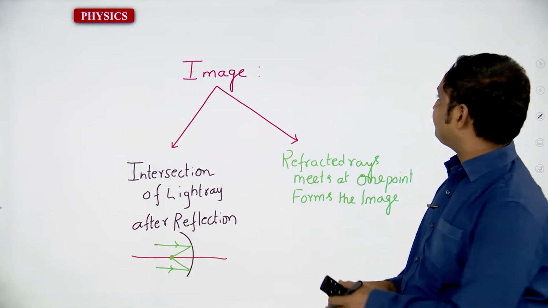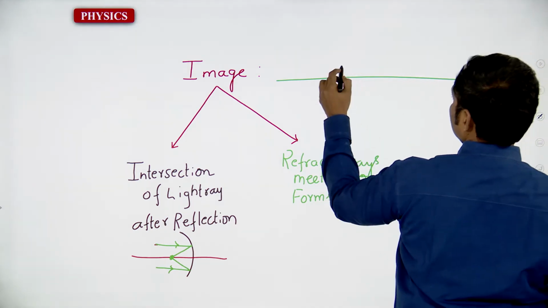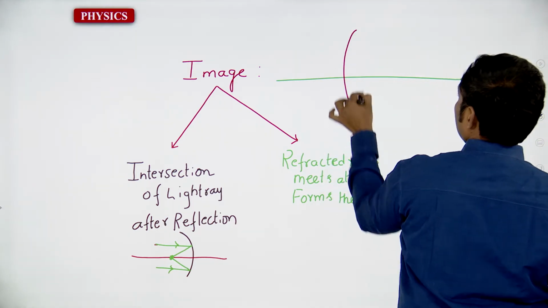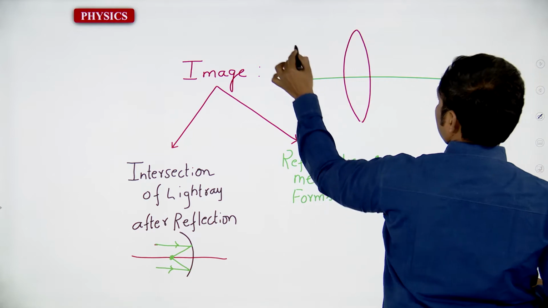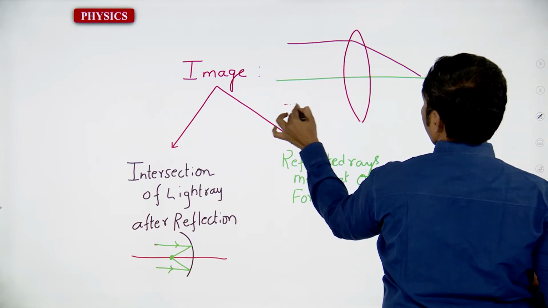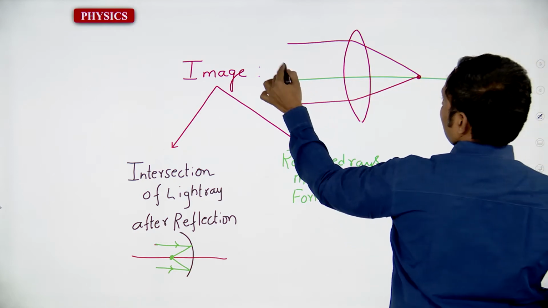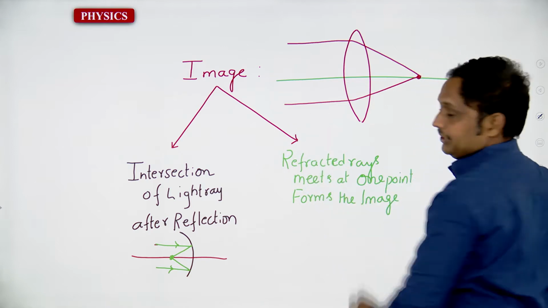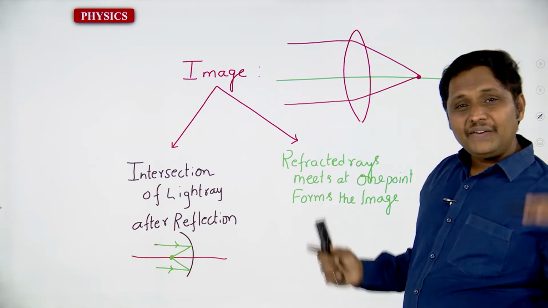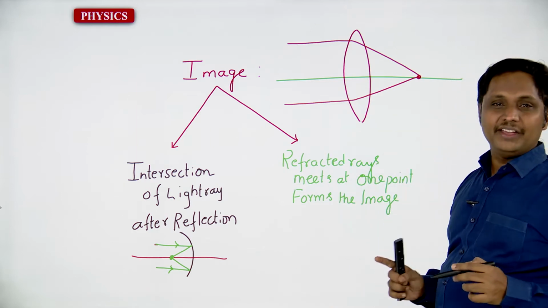If you are going to take this one, it's very easy for you. The rays meet at this point. So, taking the object and image, the refracted rays cut the principal axis at one point to form the image.